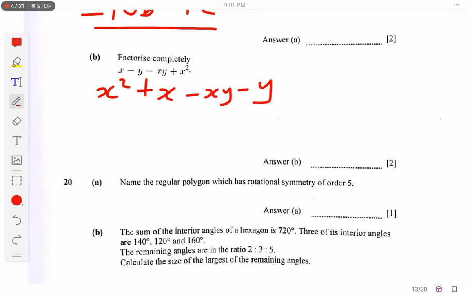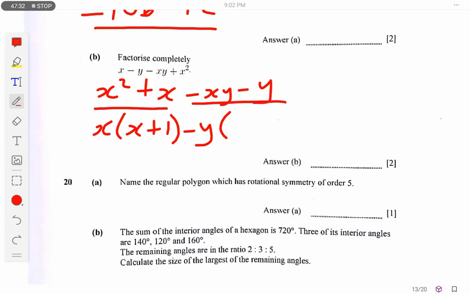Here I've got a common factor of x, and I'll remain with x plus 1. Here I've got a common factor of minus y and have x plus 1. So the factors are x minus y and x plus 1.